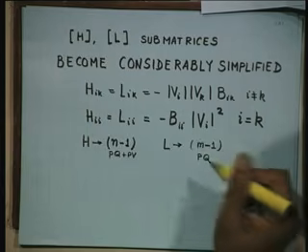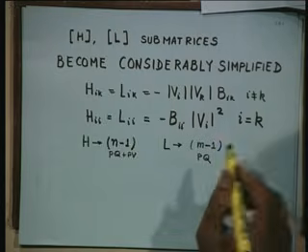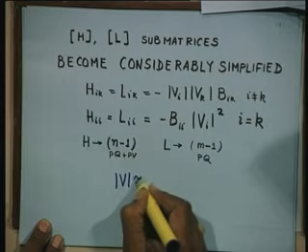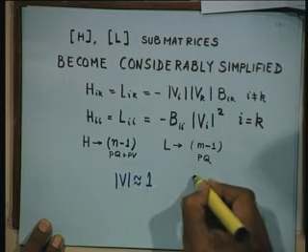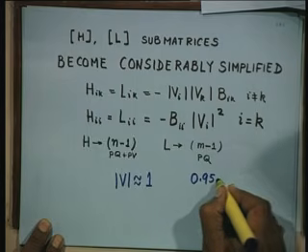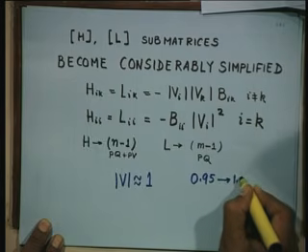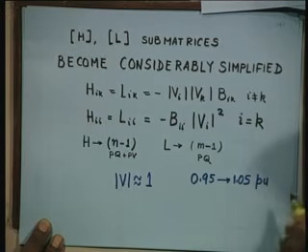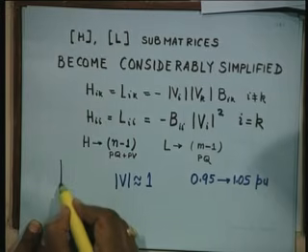Now we can make further assumptions that V also remains more or less near to 1, which is a fact. V is supposed to vary between 0.95 to 1.05 per unit. I think all of you know this curve.